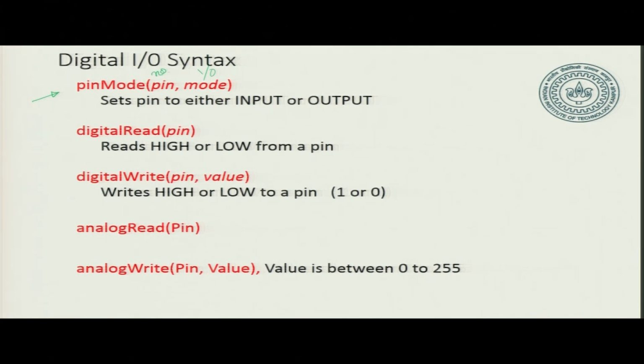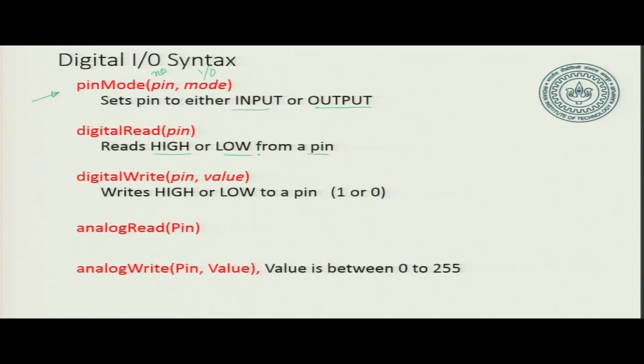Next, this sets the pin to either input or output pin. Next is digitalRead or digitalWrite. Now, do you want to read or do you want to write? Digital read can be high or low from a pin, so it can be 1 or 0. Digital write means you can write to a pin, again it can be high or low, 1 or 0.